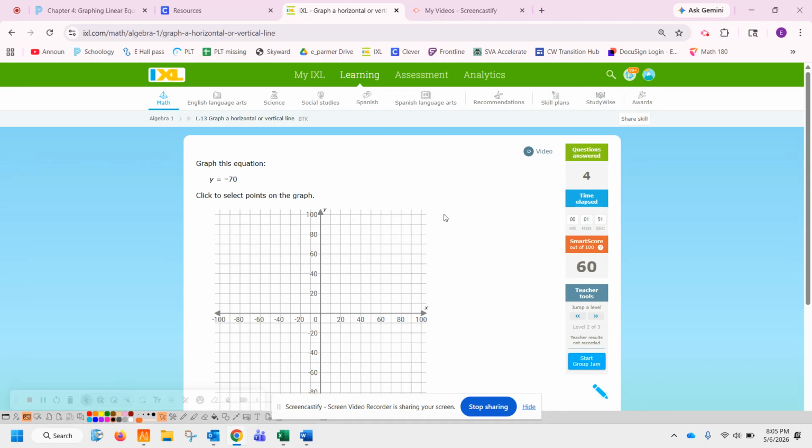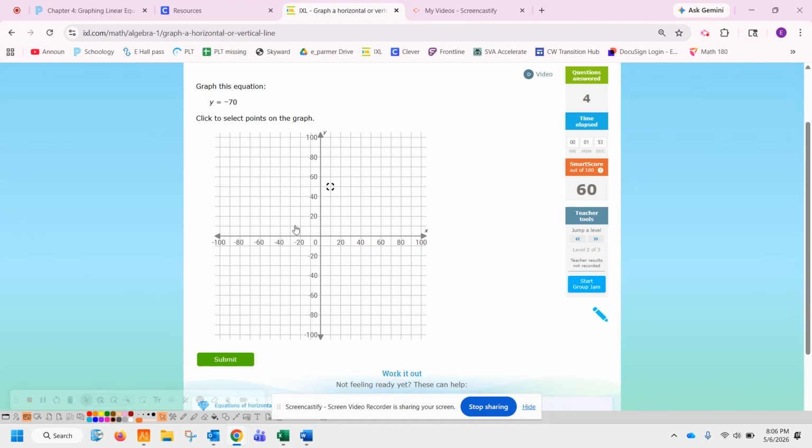Sometimes, again, your coordinate plane is going to go in increments of 10, or only maybe label every 20. So y at -70. So here's -70 on the y-axis. And a Y, we're doing the sprinkler, we're watering our yard. Horizontal line.